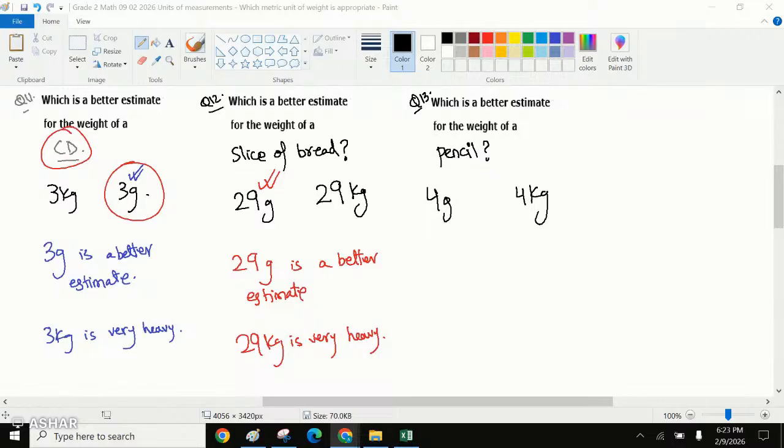Yes, thank you. It's too heavy. Thank you, May. Thank you, Cordova. Thank you, Precious. Valerie, can I have the answer to this? Which is a better estimate for the weight of a pencil?